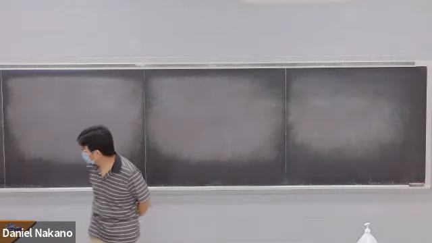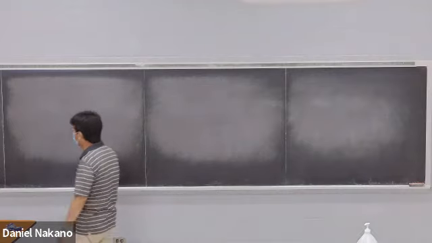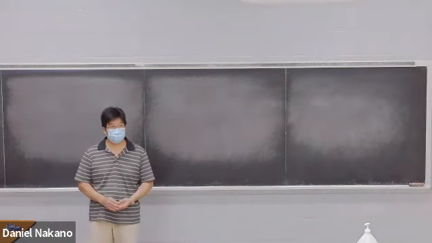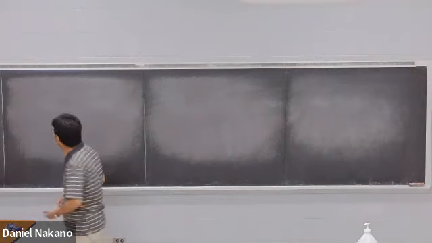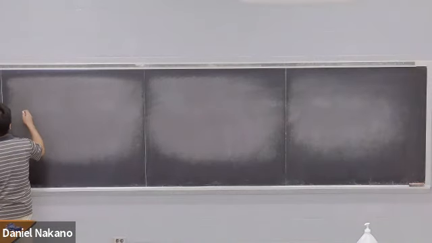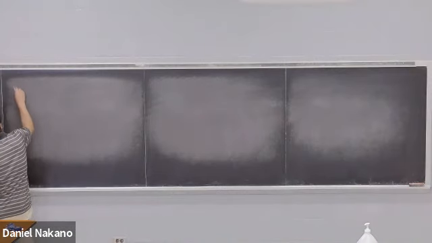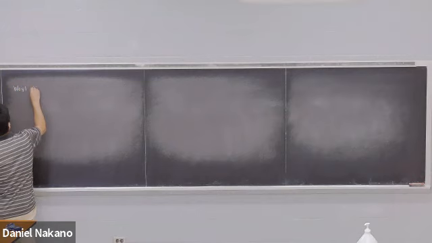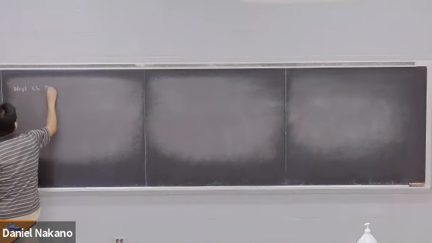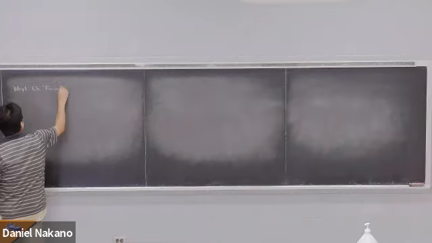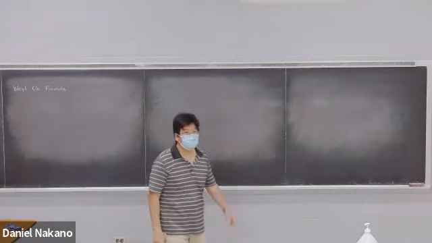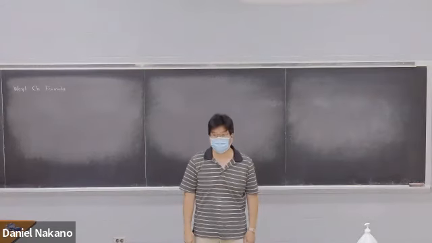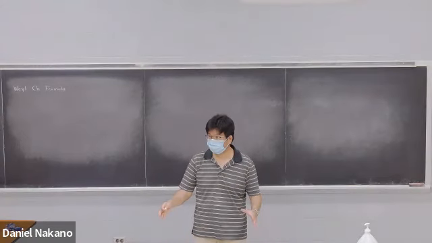Okay, so let me give you a general idea of what we're going to be doing in the next week or so. Today we're going to work on Weyl's character formula. I anticipate that we'll be done with Weyl's character formula sometime on Friday.